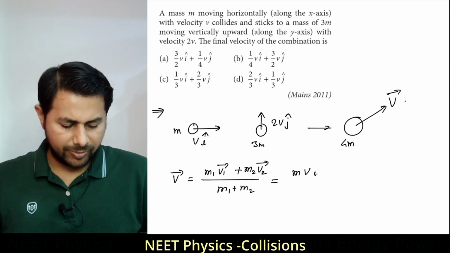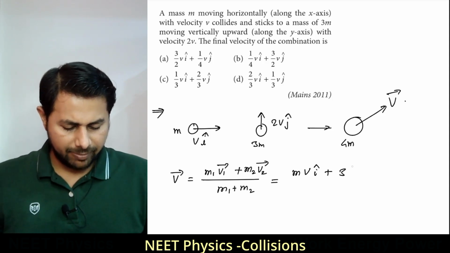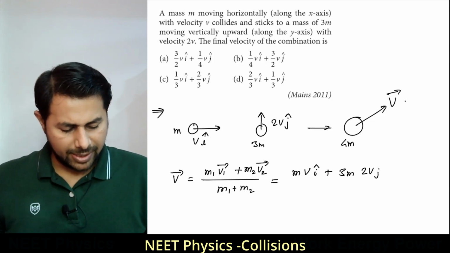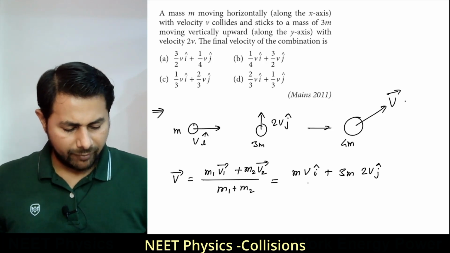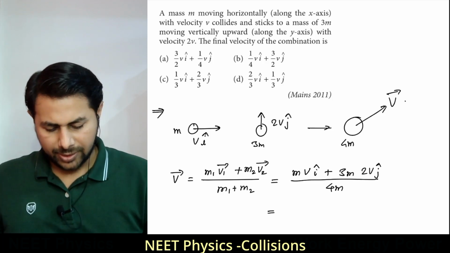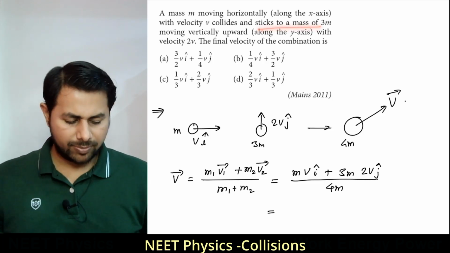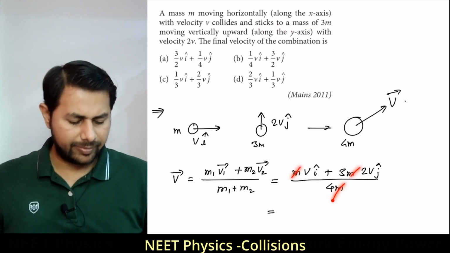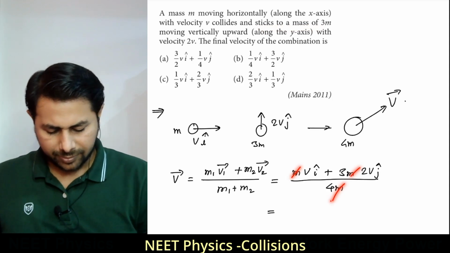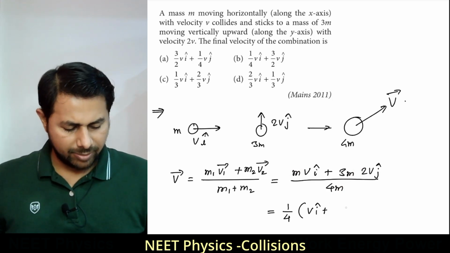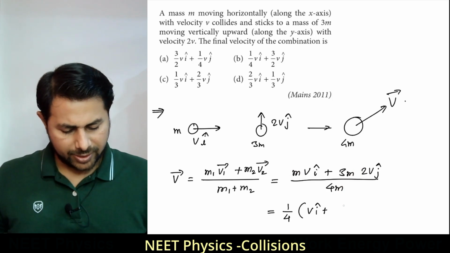So it is m times v i cap plus 3m times 2v j cap, divided by m1 plus m2, which is 4m. Because they stick together, this is a perfectly inelastic collision. Then it's very simple, cancel out m. Then you can take 1 by 4 outside: v i cap plus 3 times 2v, so it is 6.